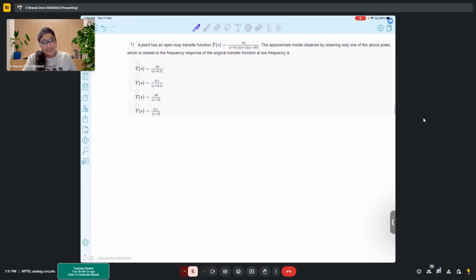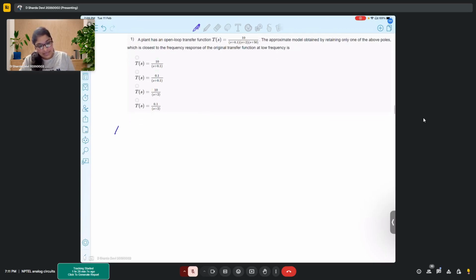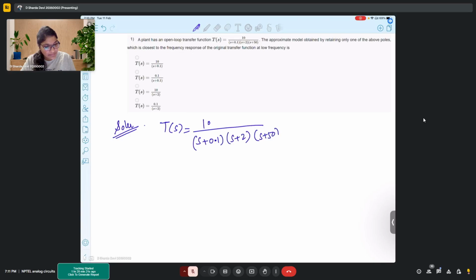It is given that a plant has an open loop transfer function P = 10 / ((S + 0.1)(S + 2)(S + 50)). The approximate model obtained by retaining only one of the above poles, which is closest to the frequency response of the original transfer function at low frequency, is.